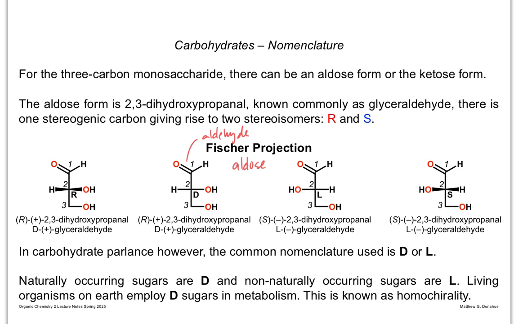In the Fisher projection, the highest oxidized carbon is always pointed to the top. That's how it's defined. And then we see there's 1, 2, 3 carbons. So the highest oxidized at the top, carbon 2 is an alcohol, carbon 3 is an alcohol.